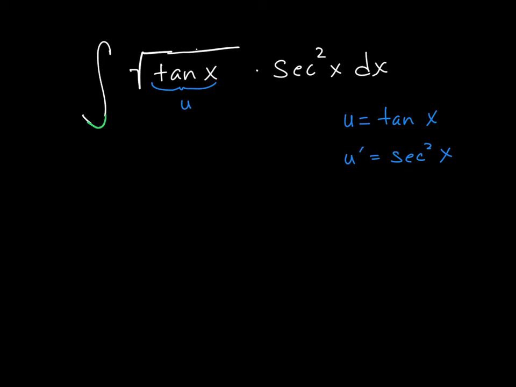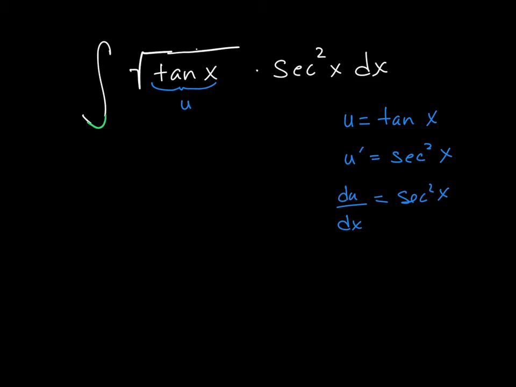So this right here, I think, is the part where you have to be careful, because you need to understand that inside here, one of these is going to be u, and one of those is the derivative of u. And if you don't know that portion of it, it's very difficult to decide what to do. But once I have this, it's pretty straightforward, because then du over dx is just equal to the secant squared of x.